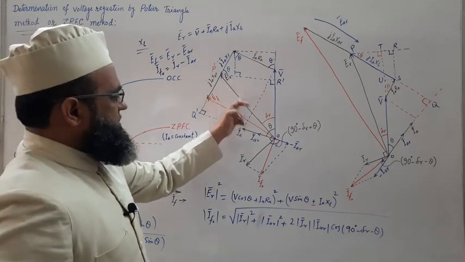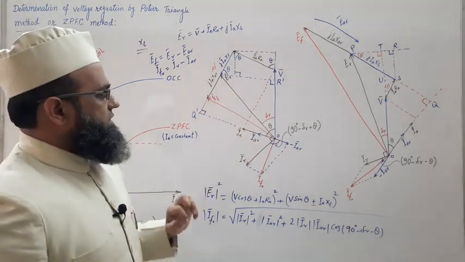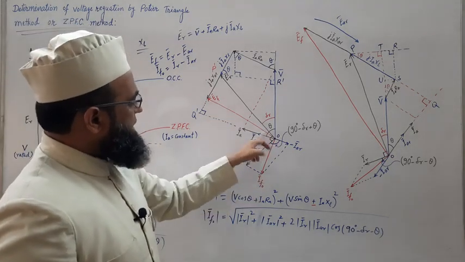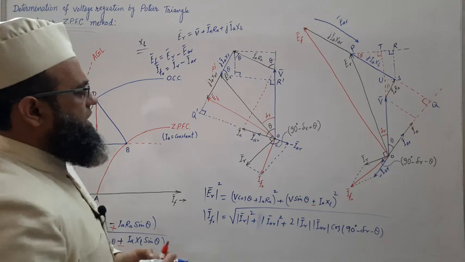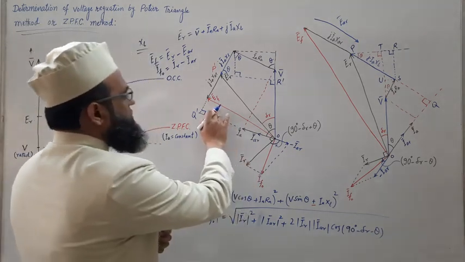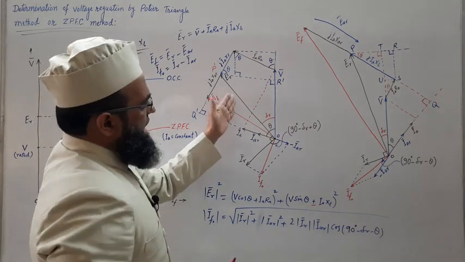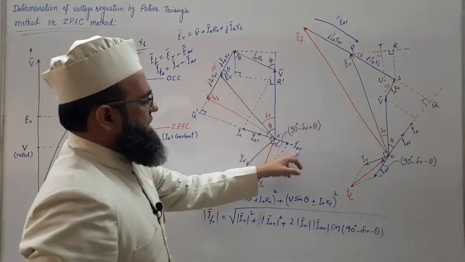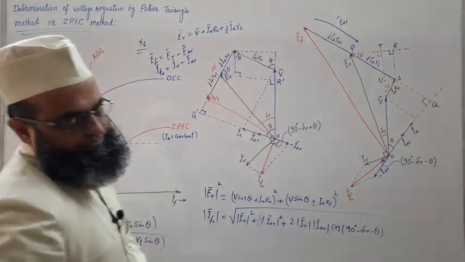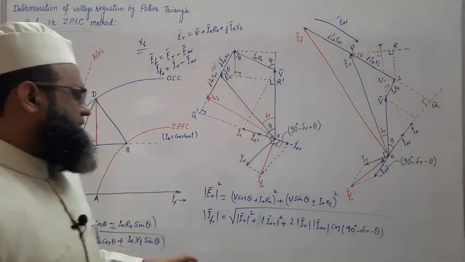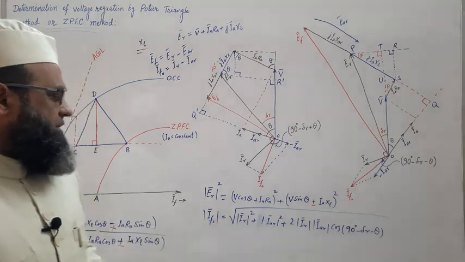This is ER, so IR is leading ER by 90 degree. This is EF, so IF will be leading like this. Whatever, no need to worry about EF, we need not evaluate EF. Directly from these two phasors IR and IAR we can get IF.